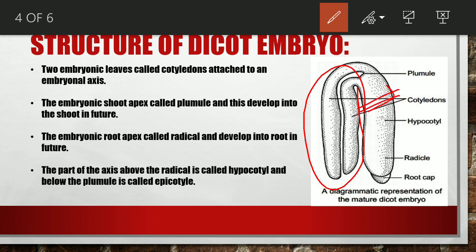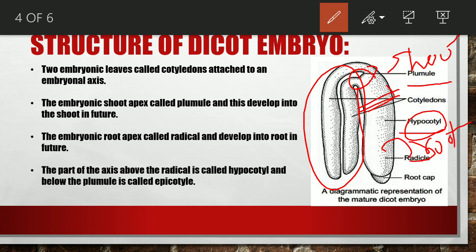The embryonic shoot is called plumule, and this develops into the shoot, and the embryonic root apex called radicle develops into the root in future. The part of the axis above the radicle is called hypocotyl, and the part below the plumule is called epicotyl.